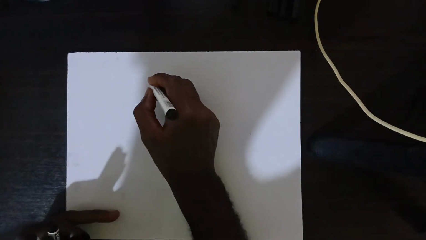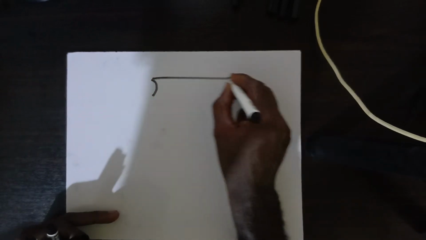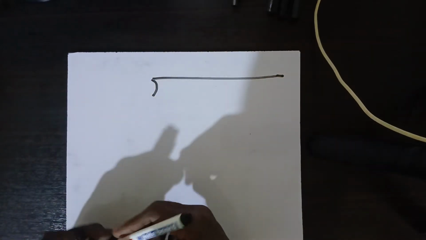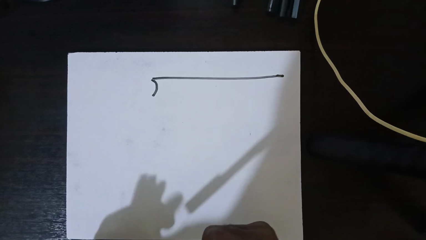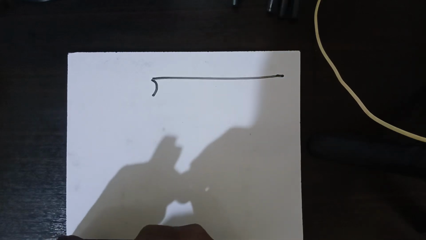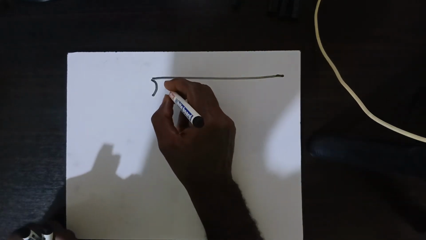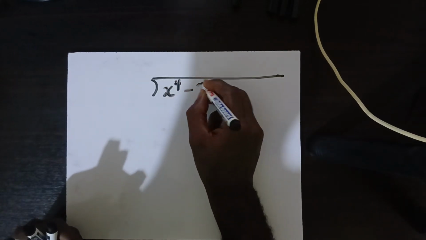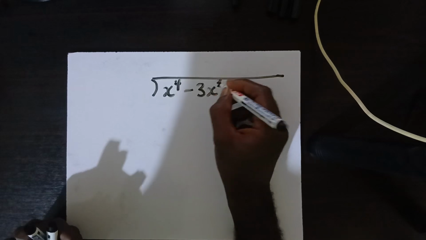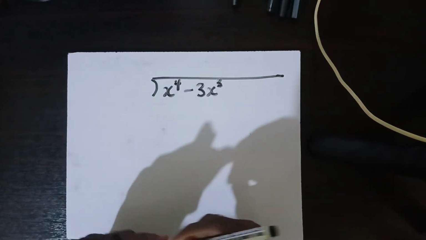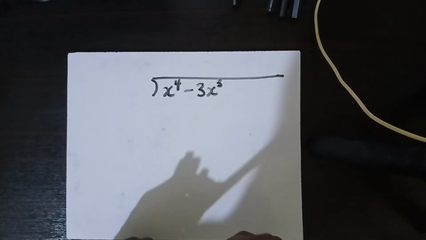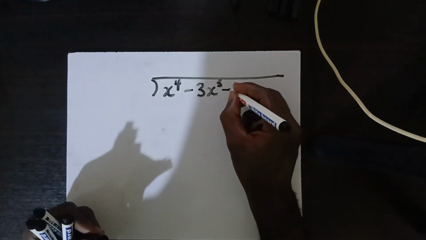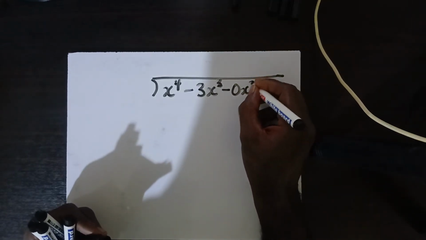So first of all, let me draw my radical symbol somewhere here. Alright, so let's write our numerator inside of the radical symbol. The numerator is x to the power 4 minus 3x cubed. Since there is no term for the x squared, we will represent it with 0, so we have 0x squared.